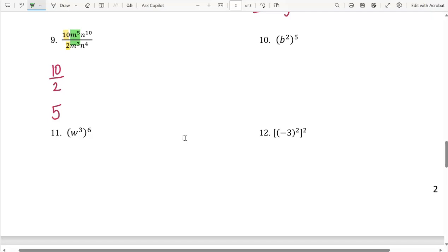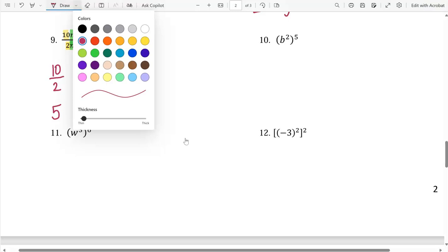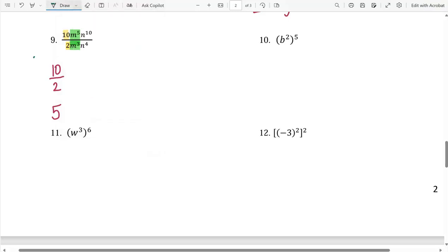Then I look at my m's because they have the same base. I write that same base one time and then deal with my exponents. Because this is division, 5 minus 3. Subtract those exponents, top minus bottom, leaves me m squared.